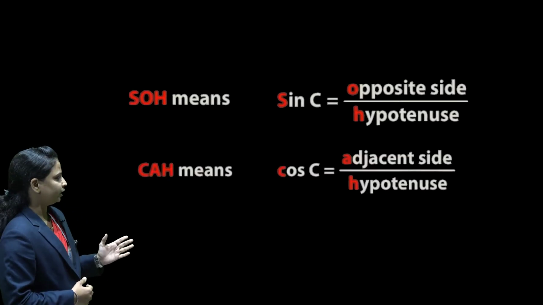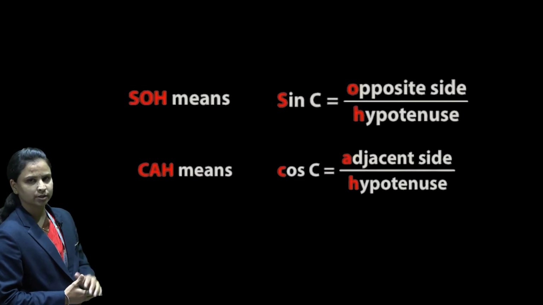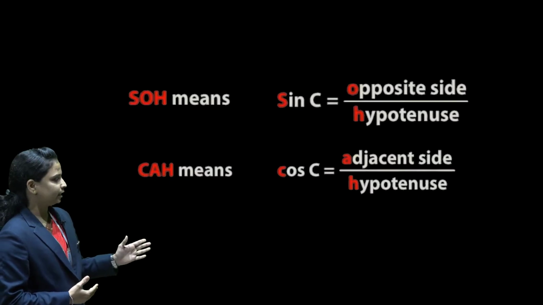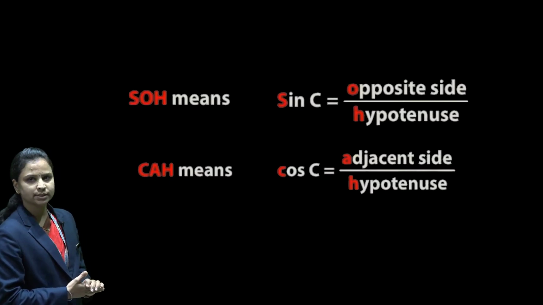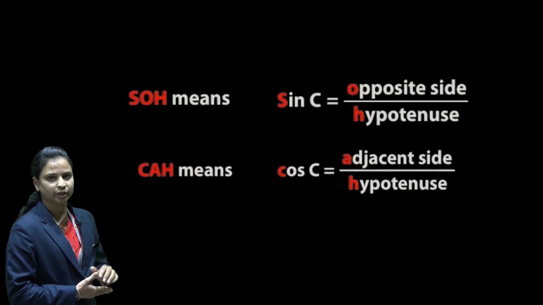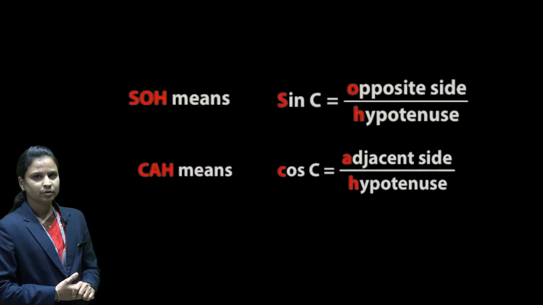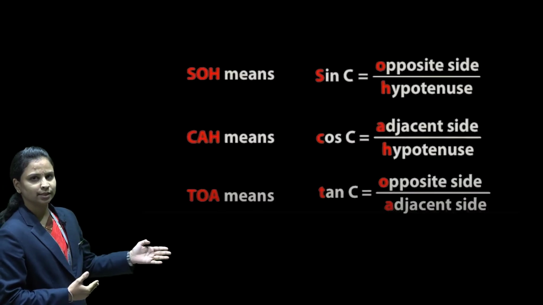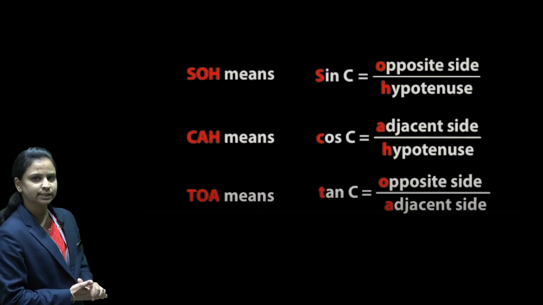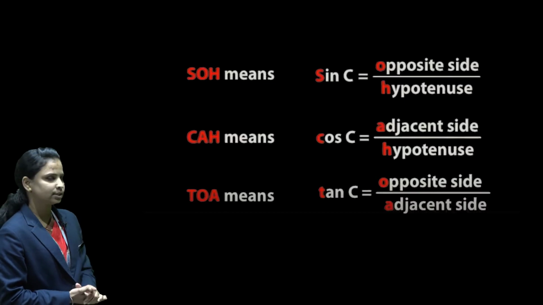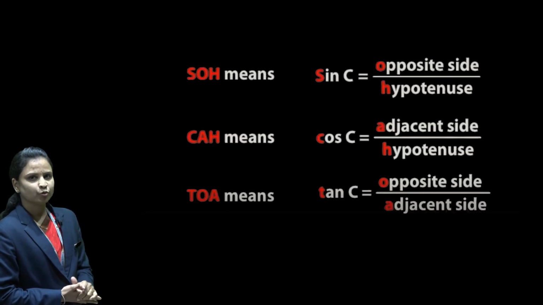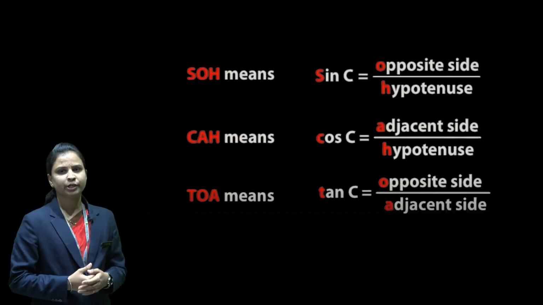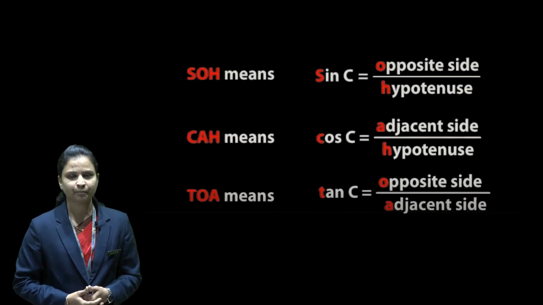In a similar way, CAH: cos C is equal to adjacent side divided by hypotenuse. TOA means tan C is equal to opposite side divided by adjacent side. So we can remember these trigonometric ratios easily.